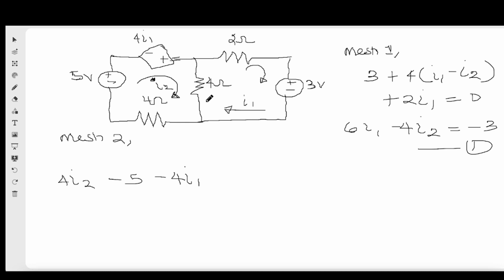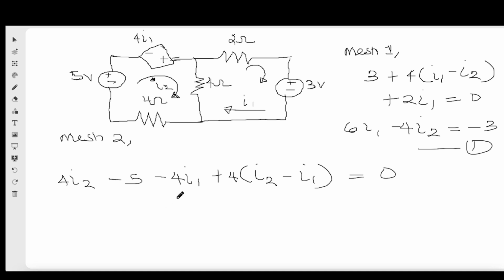Then when it gets to this 4 here, we have 4 bracket I2 minus I1. Remember that the reason why we wrote 5 and 4I1 here is because they are already voltages. So we don't need to multiply by I2 or anything. But for this resistor, they are resistances. For us to get voltages, we have to multiply by the mesh current, and the sum equals 0.